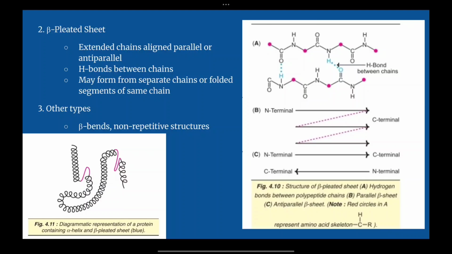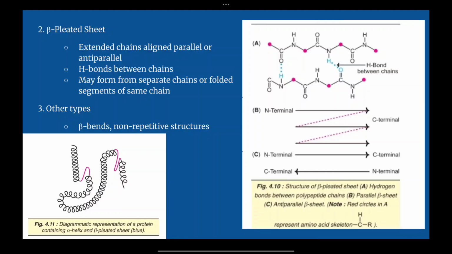So this is how beta pleated sheets are formed, both parallel and anti-parallel, as shown in the diagram. There is a difference from the alpha helix. The helix is a spring-like structure. Beta pleated sheets are like plain lines that run parallel or anti-parallel to each other. Now the other type is the beta bends or non-repetitive structure. Here you can see the beta bends, and the structure of the secondary protein is bent at certain regions.